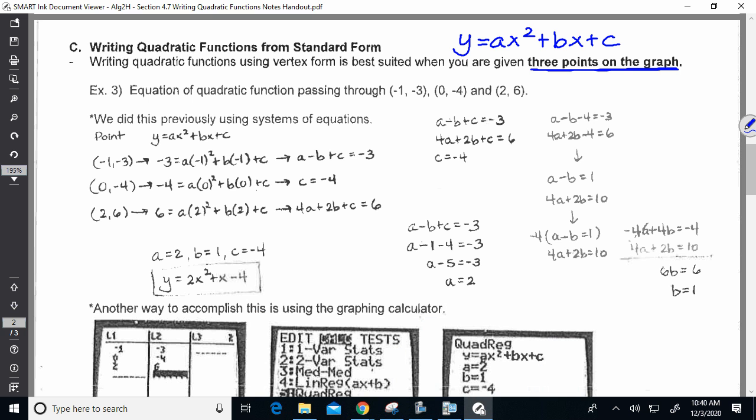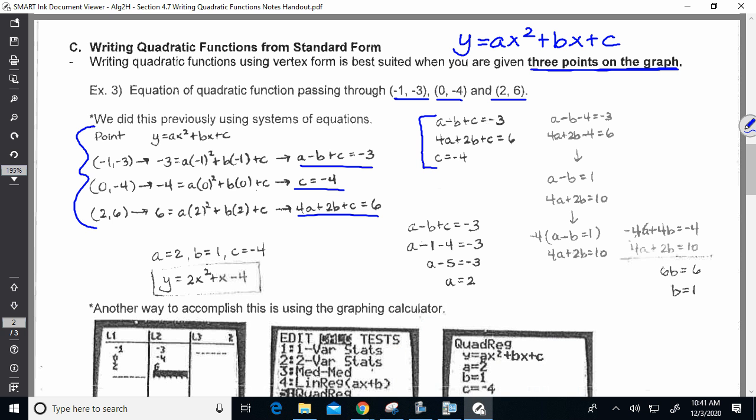Now, truth be told, you have actually done this before. We did it last unit when we were solving systems of equations. So, if you were given 3 points, we made a system of equations out of it. Plugged them in systematically, got our 3 equations.